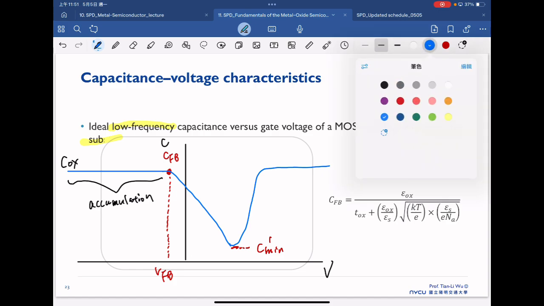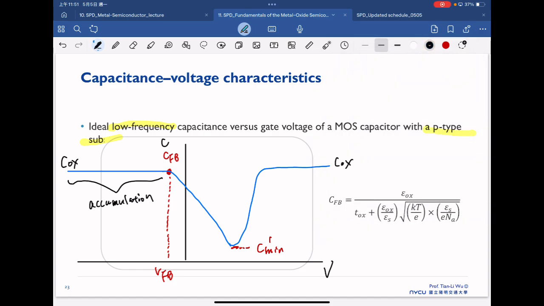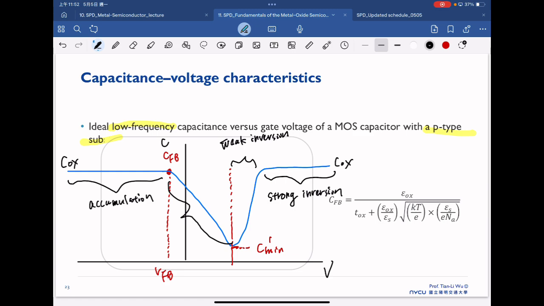So this is Cox, and this one is strong inversion, and this one is weak inversion. And this region is the depletion region.